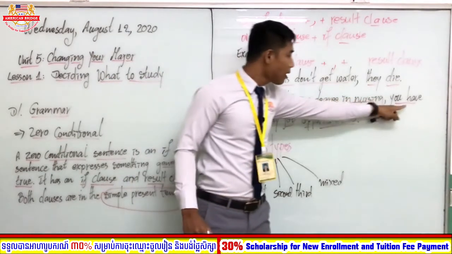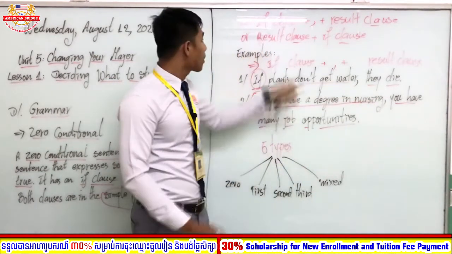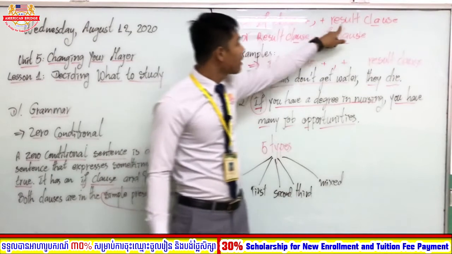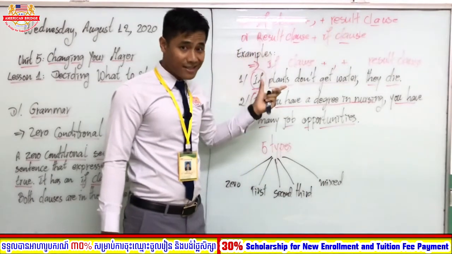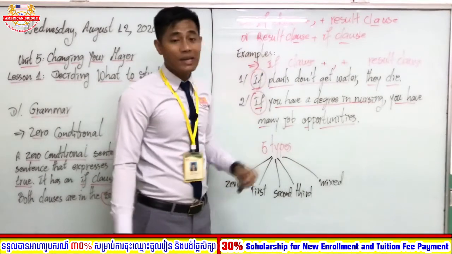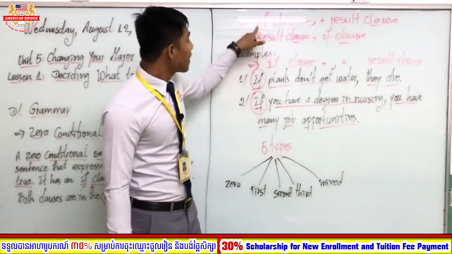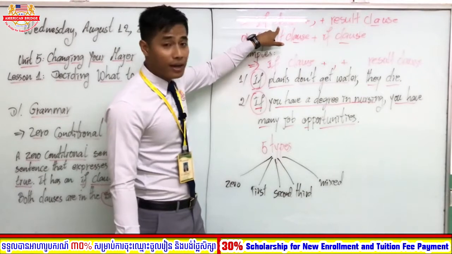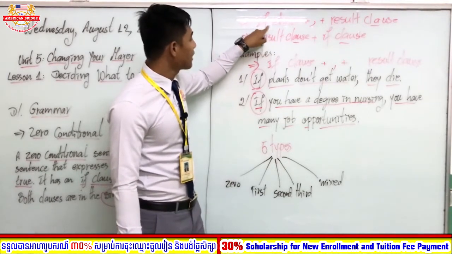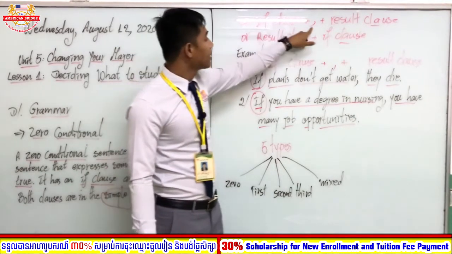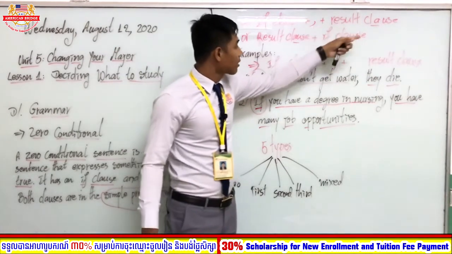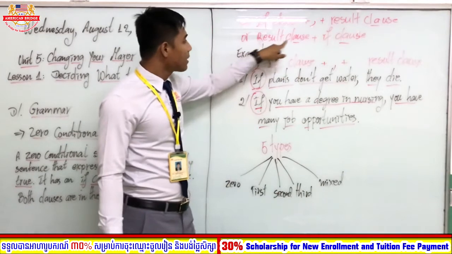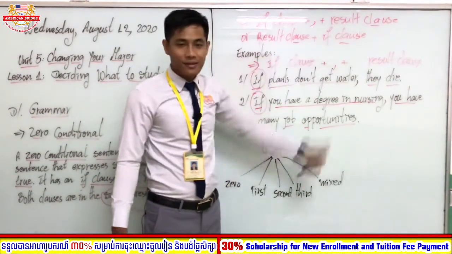So the if clause and the result clause, both clauses are in the present. You can write it in two ways. The first way, you write the if clause first, then you add a comma in the middle of these two clauses, or result clause plus if clause.